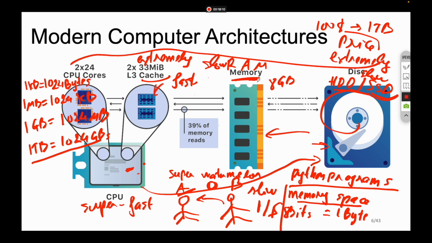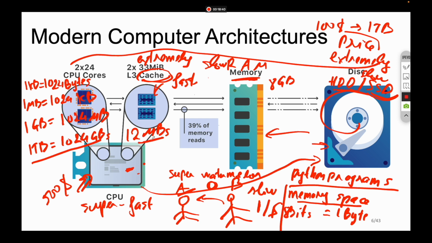So you can see that even though your CPU is very expensive, around $500, we have only about 12 megabytes for cache memory. Yes, for cache memory in here.